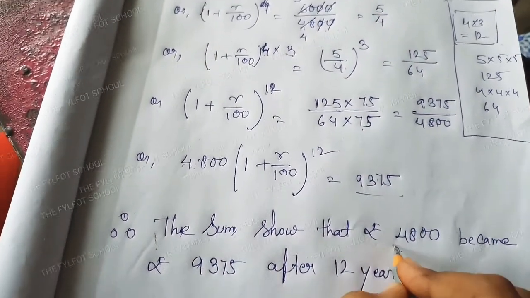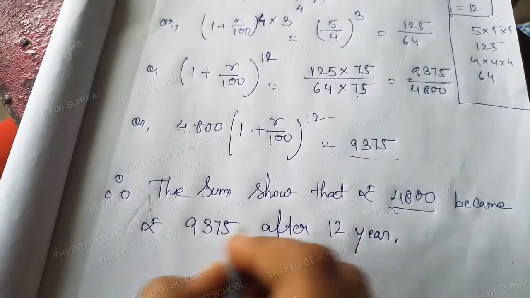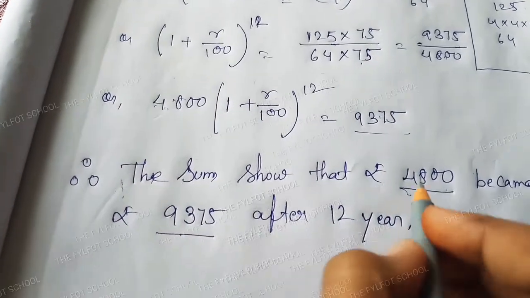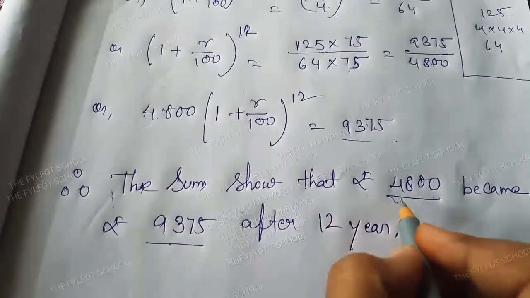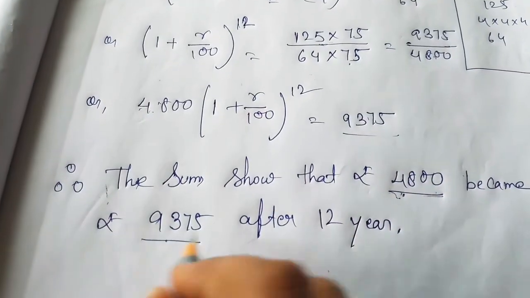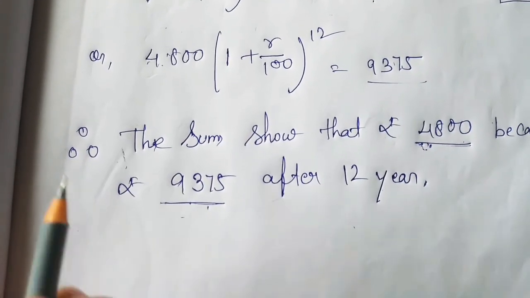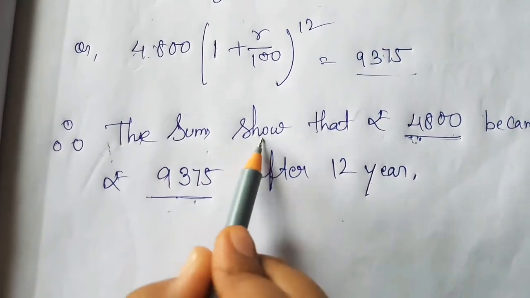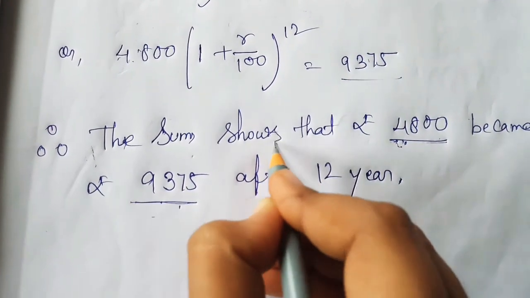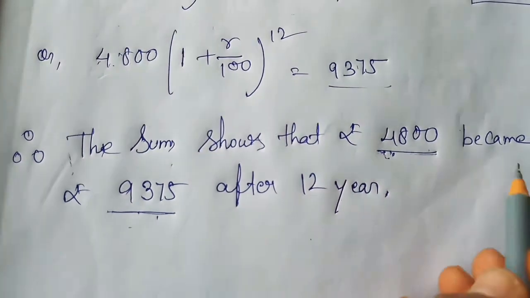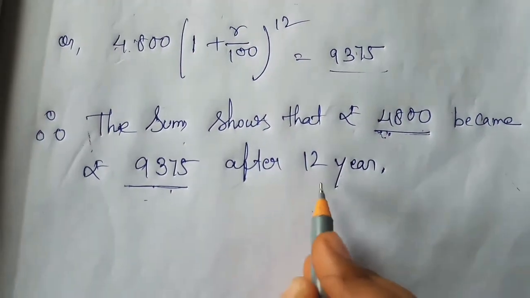It means this money was our money 12 years ago, and after 12 years how much money we got. So this is our statement. The sum shows that rupees 4800 becomes rupees 9375 after 12 years.